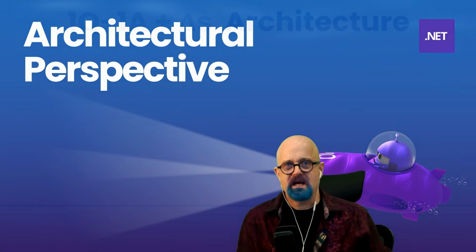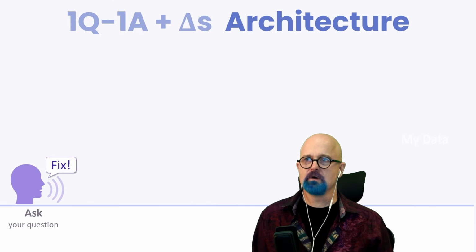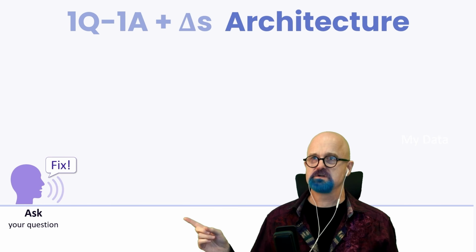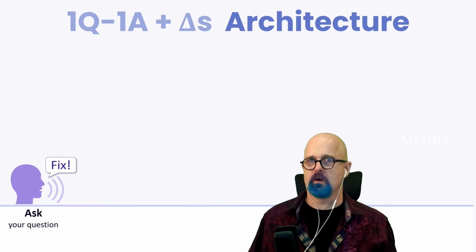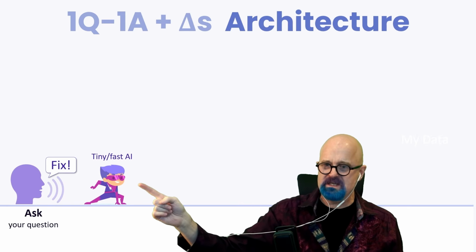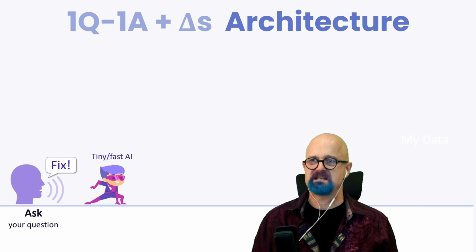Now, from an architectural perspective, what does it look like? Well, the user says, hey, let's fix this, or let's do something, or I need this code, or I want this document, whatever that is. The user asks a question. In the 1Q1A architecture, we send that question to a tiny, fast AI.